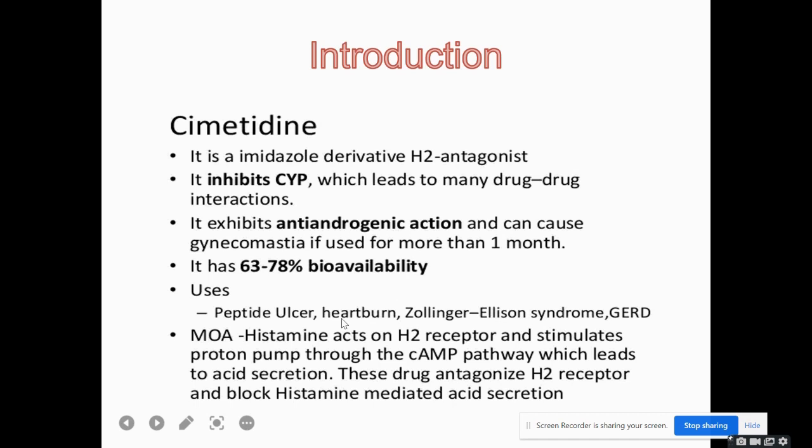If we see the mode of action of these drugs, we will find that the drugs cimetidine, famotidine, and ranitidine of category H2 antagonist block histamine. They inhibit the histamine from binding with the H2 receptor, and as the histamine binding with the H2 receptor is stopped, there is no formation of acid inside the stomach.